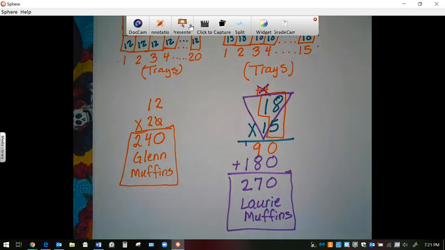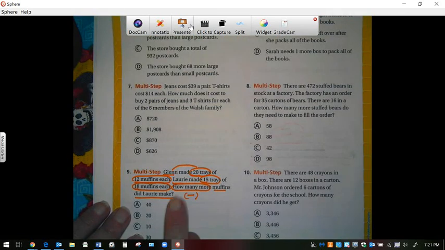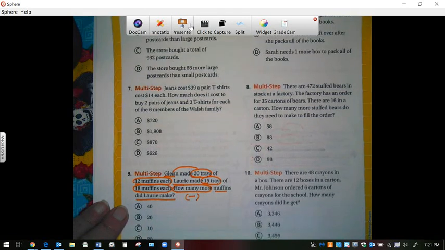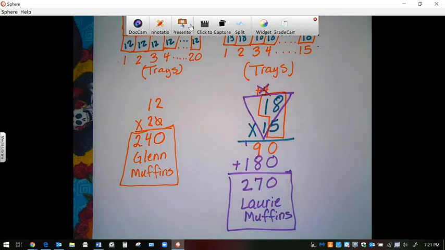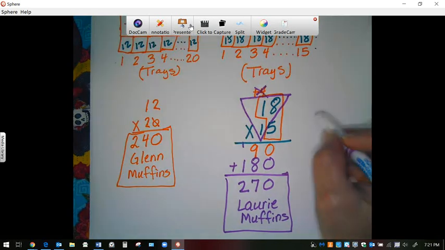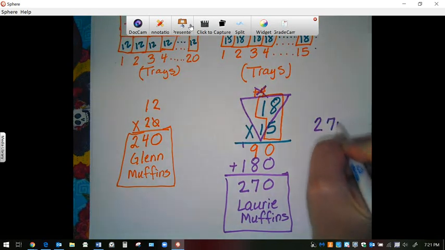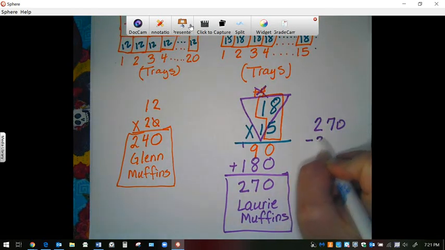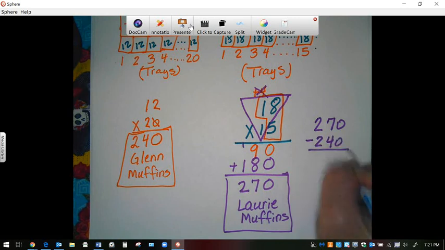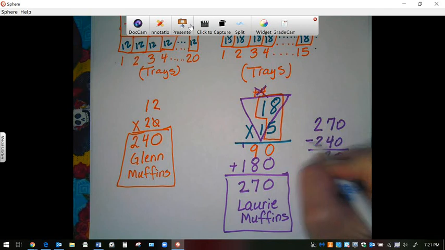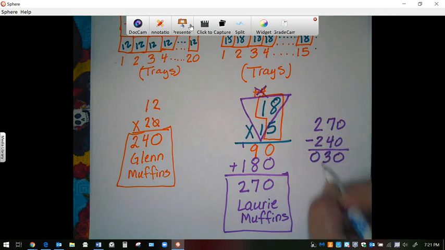So if we look at our final question, it said how many more muffins did Lori have? So how many more means we need to subtract. 270 minus 240. 7 minus 4 is 3. 2 minus 2 is 0. And she had 30 more muffins.